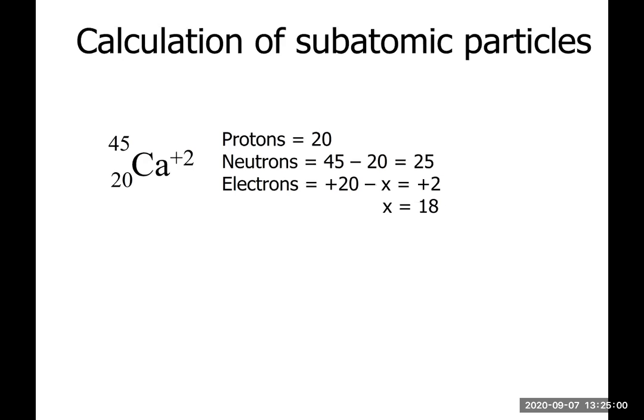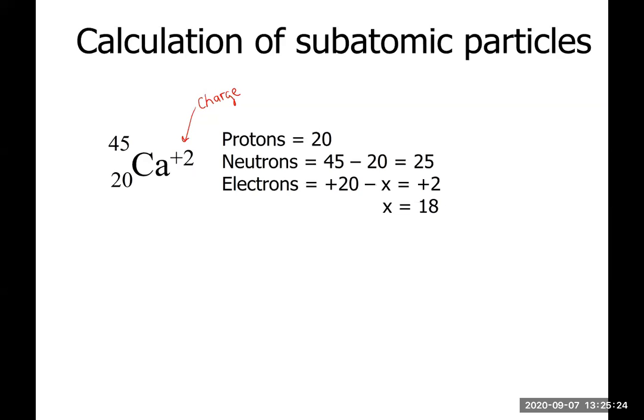So looking at this particular isotope, you can see that we've added something to this notation, and that is the charge. So previously, we didn't have a charge because we had a neutral atomic element. Here we have a charged species. Whenever you have a charged species, that's called an ion.